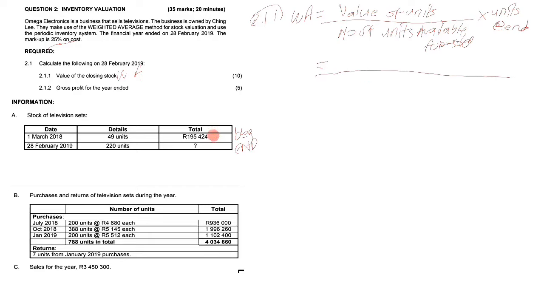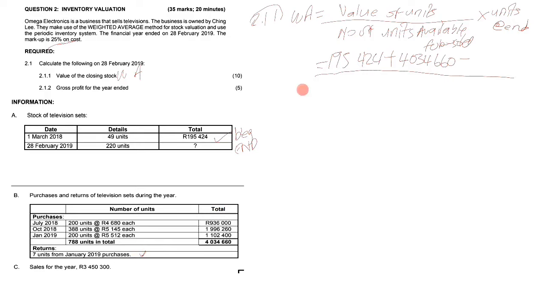Guys, you are given balance, or your stock at the beginning, amounted to 195,424, right? So it's opening stock plus purchases of 4,034,660, right? Subtract your returns. You have the following: 7 units from January 2019 purchases were returned to the supplier.